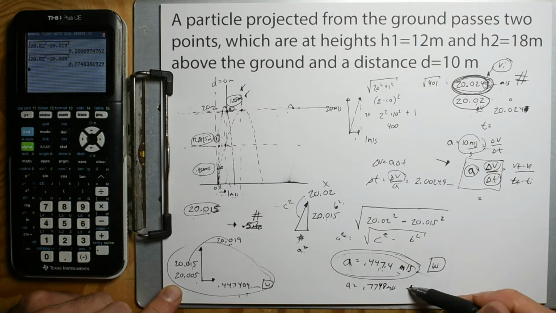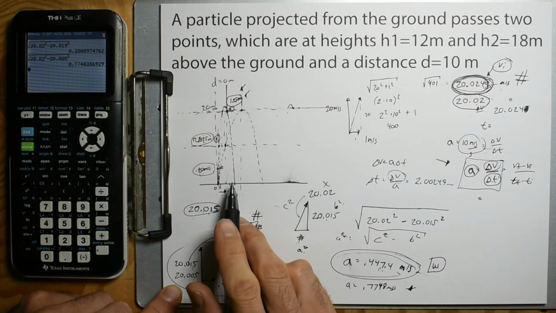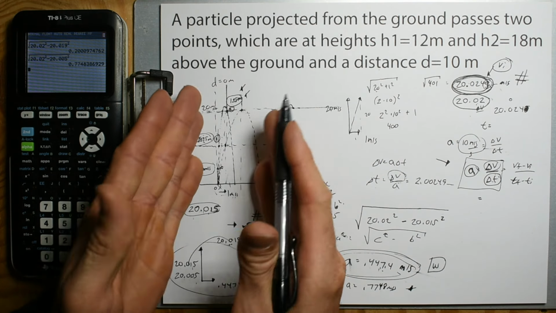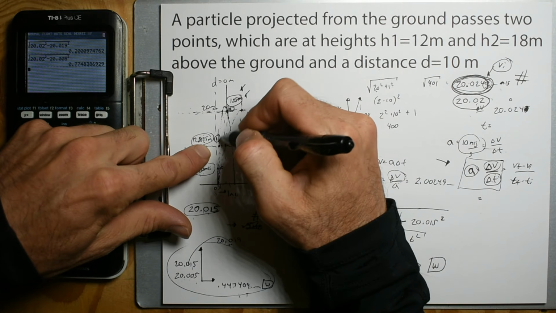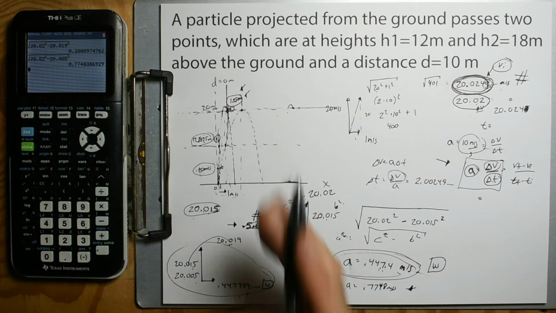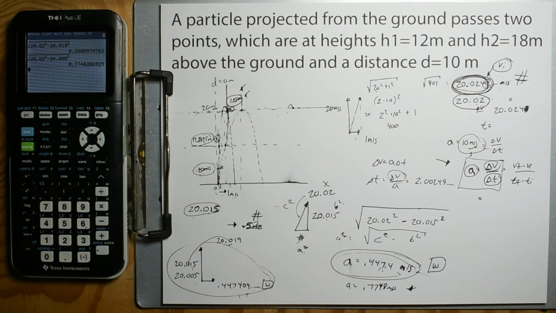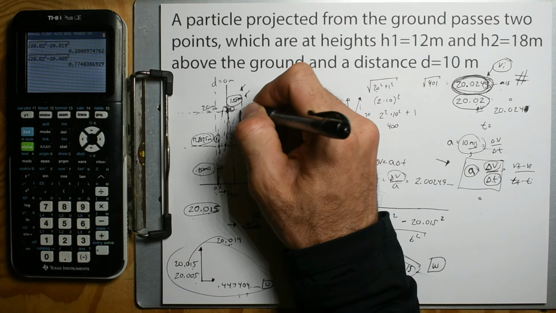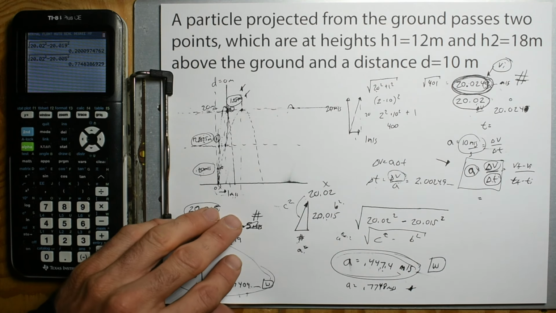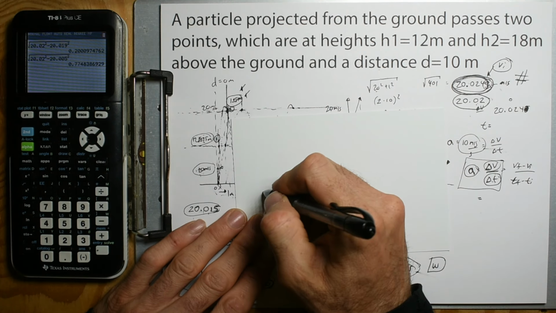So that's interesting. Now I'm curious if there's a minimum distance. If these two things are very close together, the minimum velocity is hitting this point on the way up. But if these two things are very far apart, we could kind of play around with that.